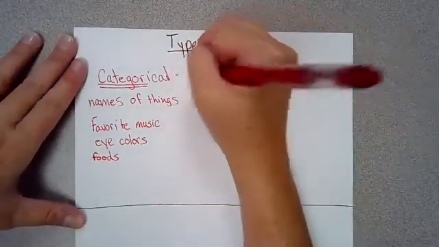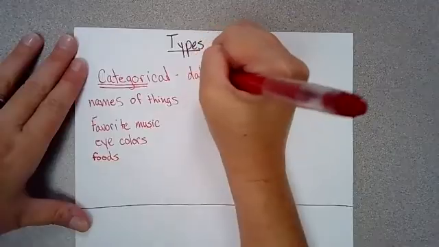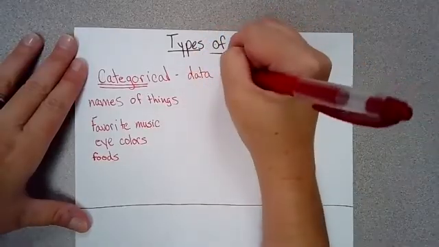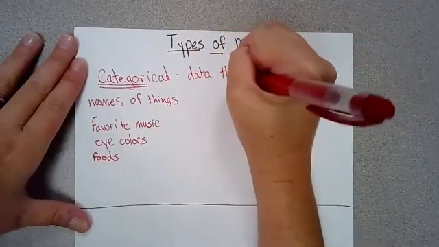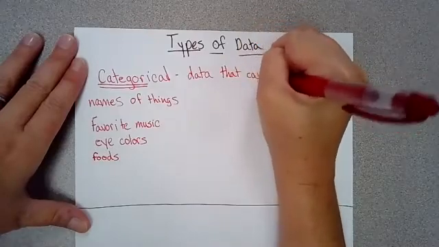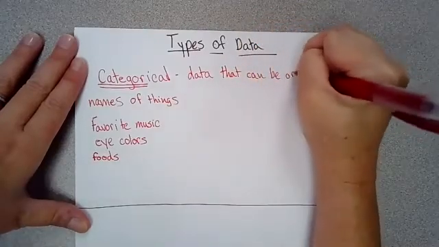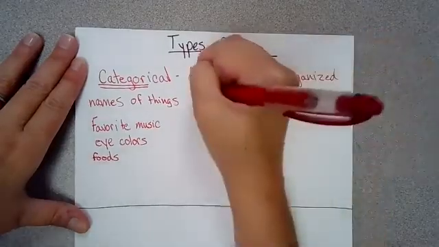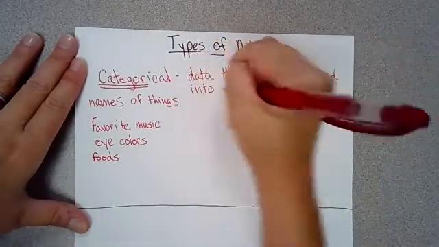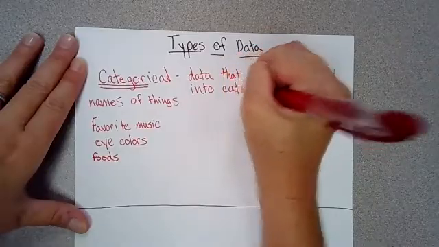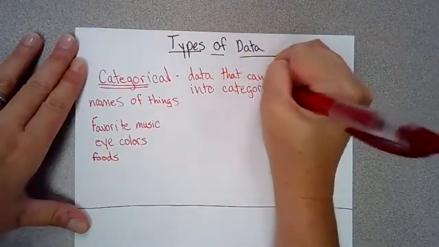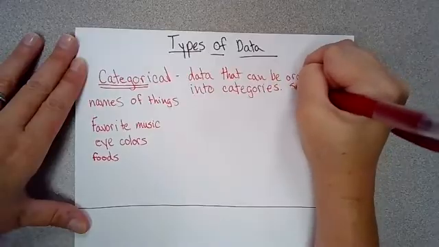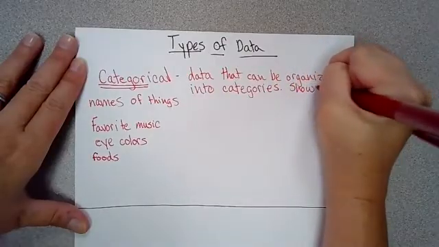So categorical data is data that can be organized into categories. It is shown in bar graphs.